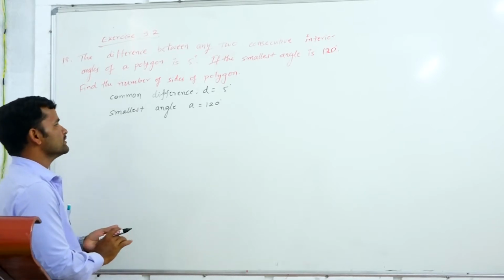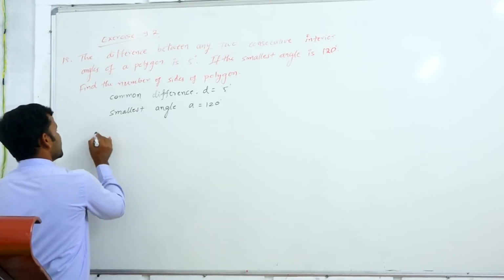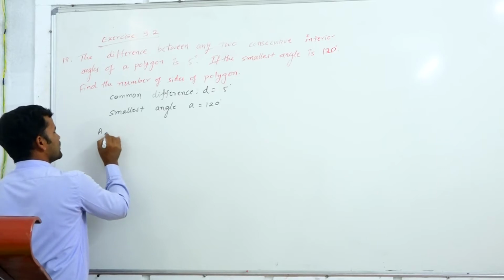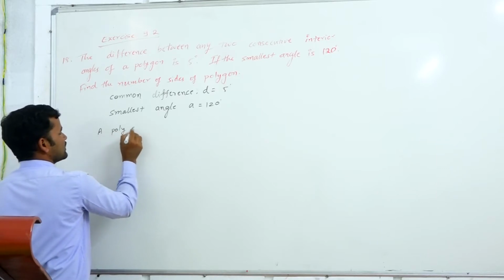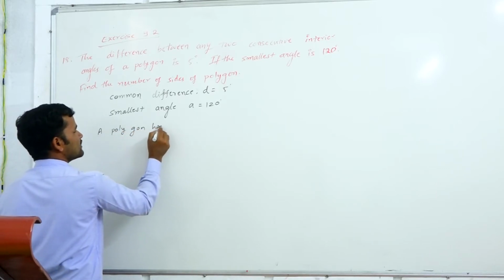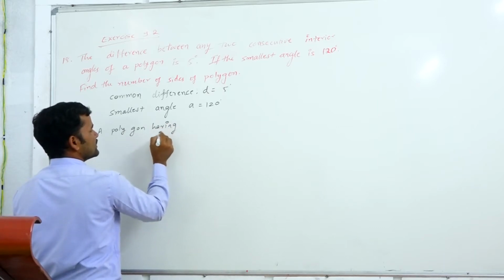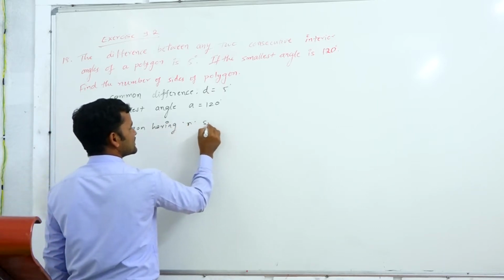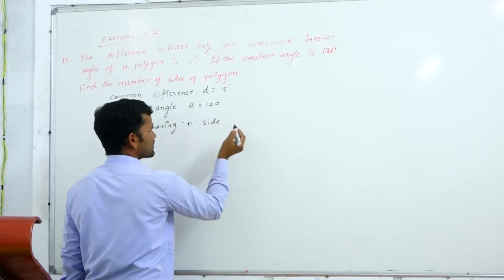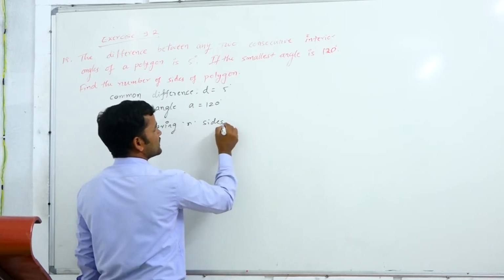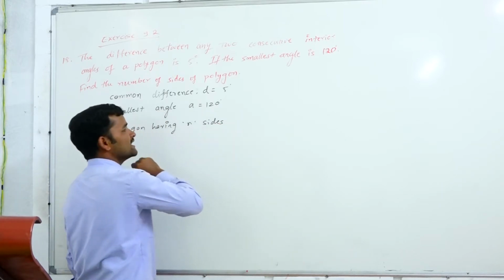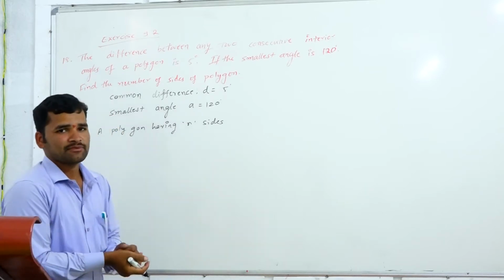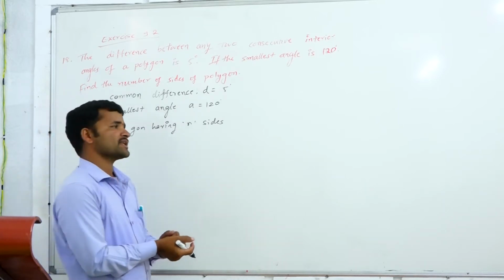So here we will use one general term. A polygon having n sides, in that the sum of interior angles of a polygon, we should know the formula for that.